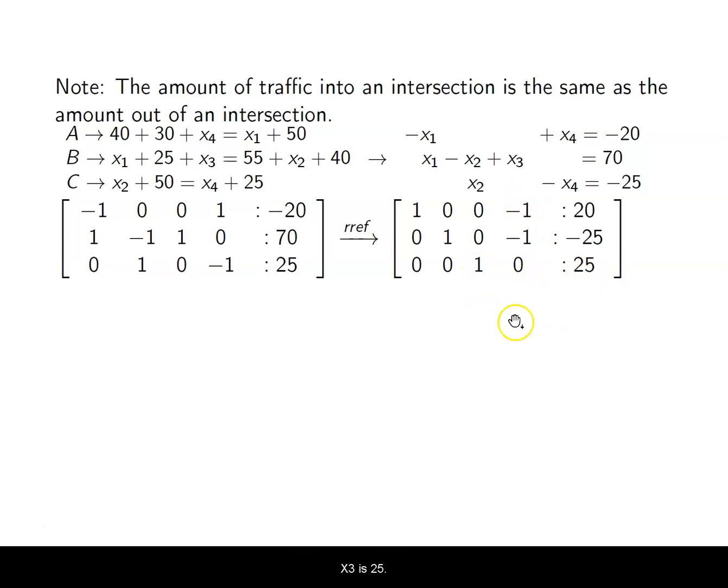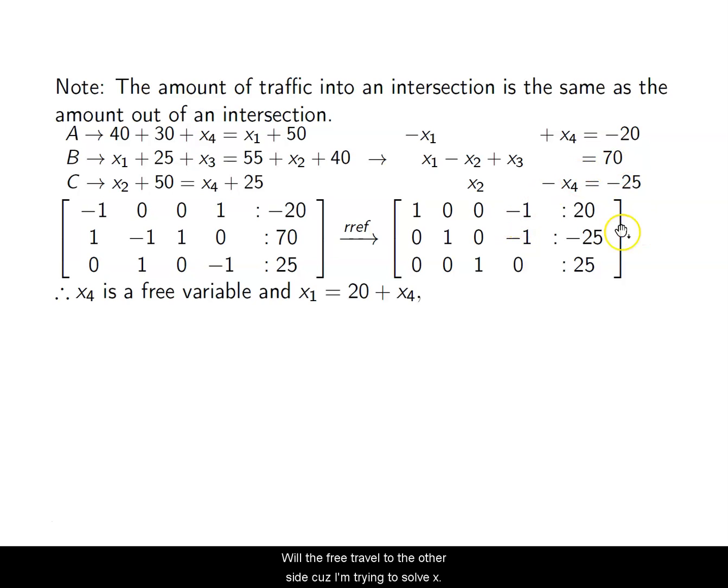X3 is 25. X2 is negative 25 plus X4, that free variable. And X1 is 20 plus X4, right? Therefore, X4 is free. X1 is 20 plus the free variable, moving it to the other side because I'm trying to solve for X1.